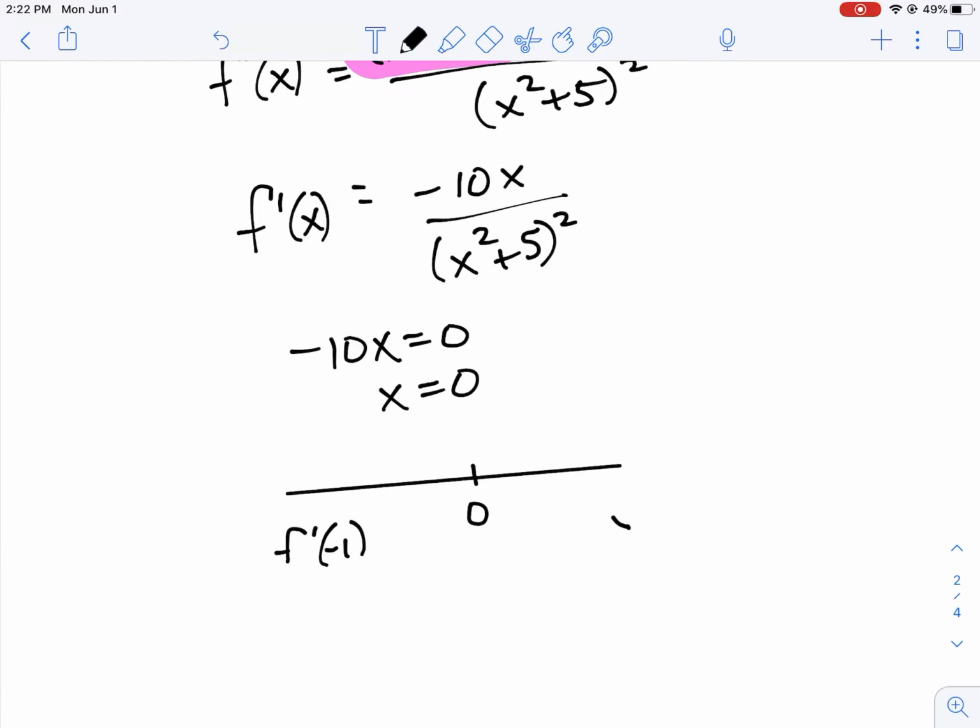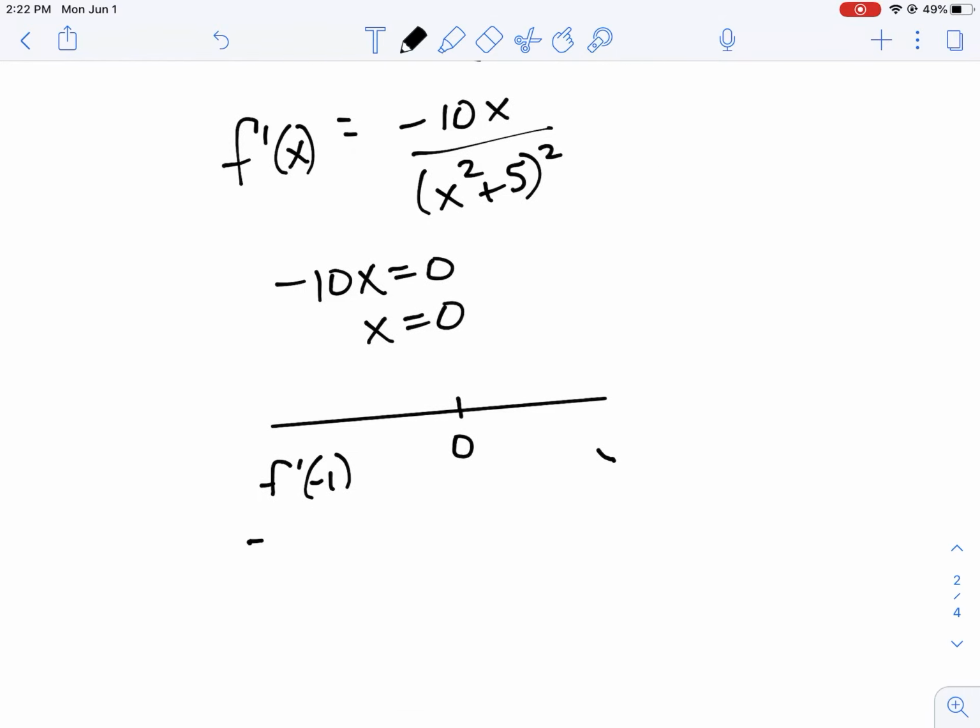Negative 10 times negative 1 is positive, and the bottom is positive, because negative 1 squared is positive, add 5 is still positive, square it is still positive. We only care whether it's positive or negative. Positive divided by positive is positive.